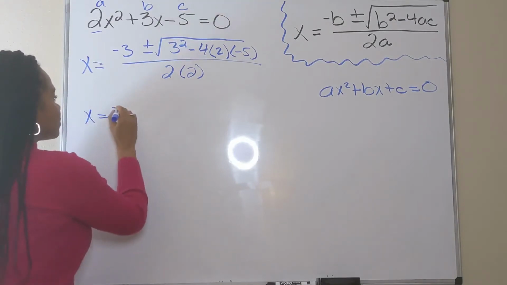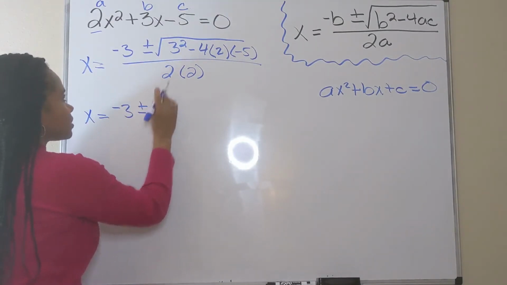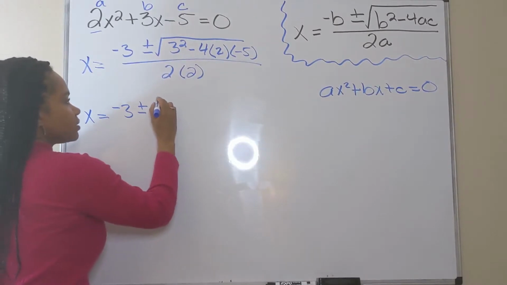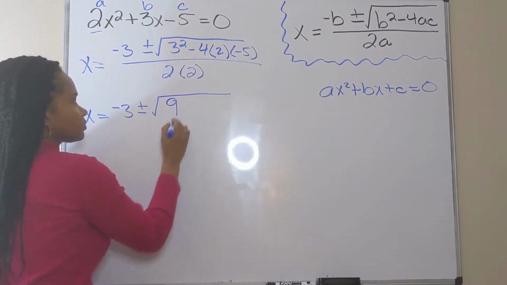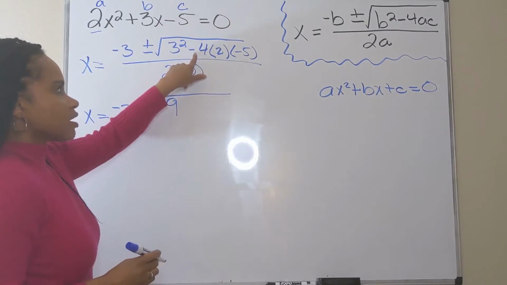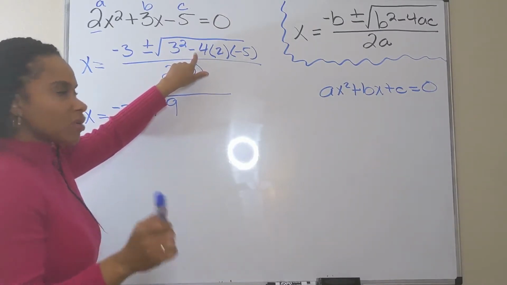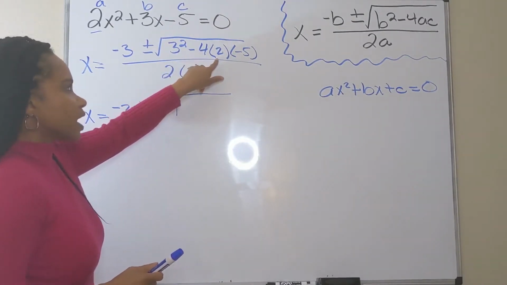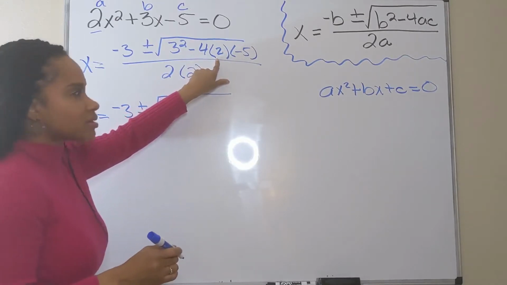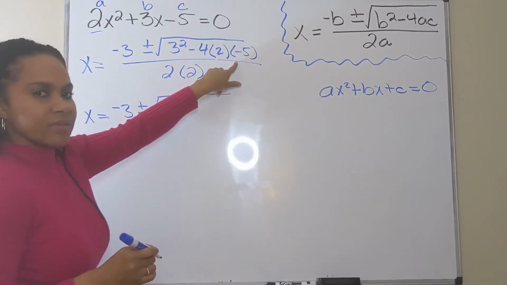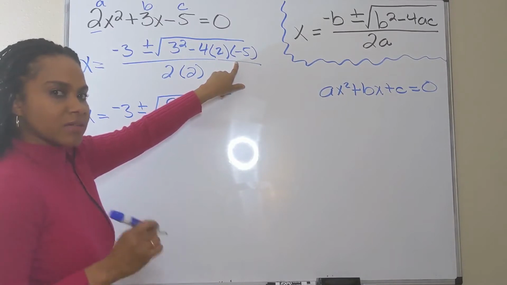All right, so negative 3 plus or minus 3 squared is 9. And I like to look at this as a negative 4 and just multiply straight across. So negative 4 times 2 is negative 8. And negative 8 times negative 5 is a positive 40.